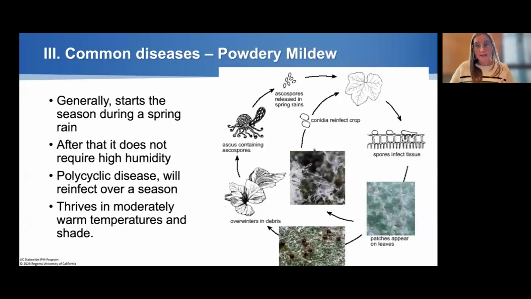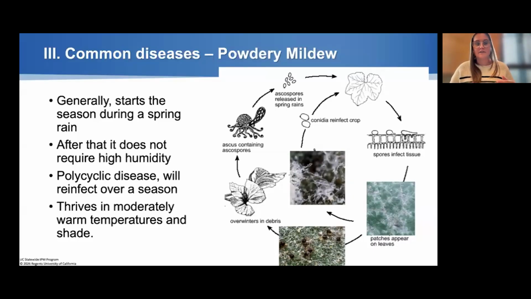So one important thing about powdery mildew is while the season will start with a spring rain, and that's how that overwintering structure kind of triggers the spore release, after that, the fungus does not need high humidity, which, given that's the environment we tend to have in California, is some spring rains and then hot, powdery mildew is a very common problem in a lot of California.